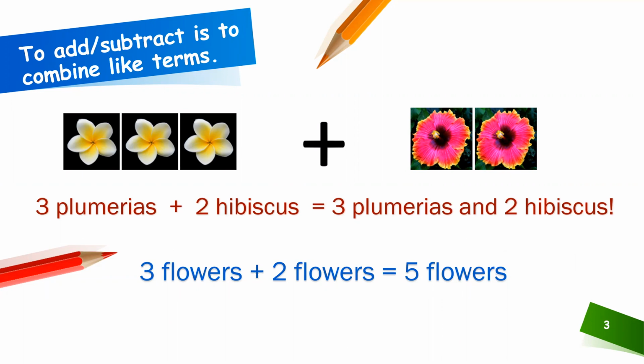But if you would just change the way you speak and change the noun to flowers, then if you see these as 3 flowers and 2 more flowers, then you can combine them and say that would be 5 flowers, right? So pay attention to the noun, meaning what type of things you have, right?